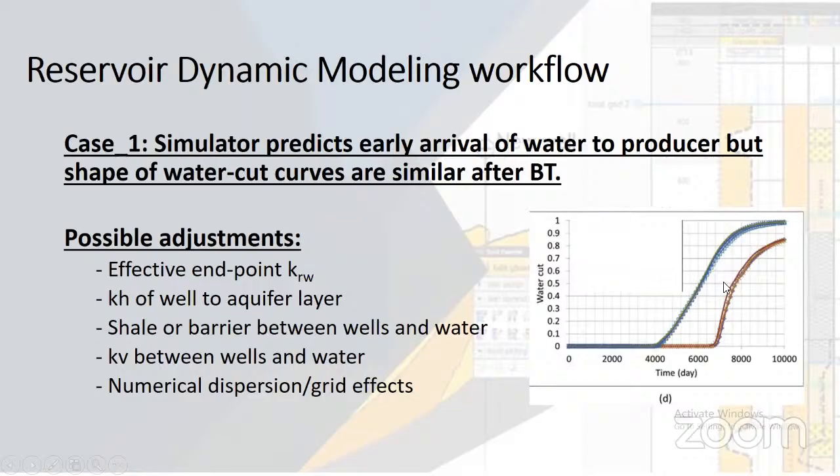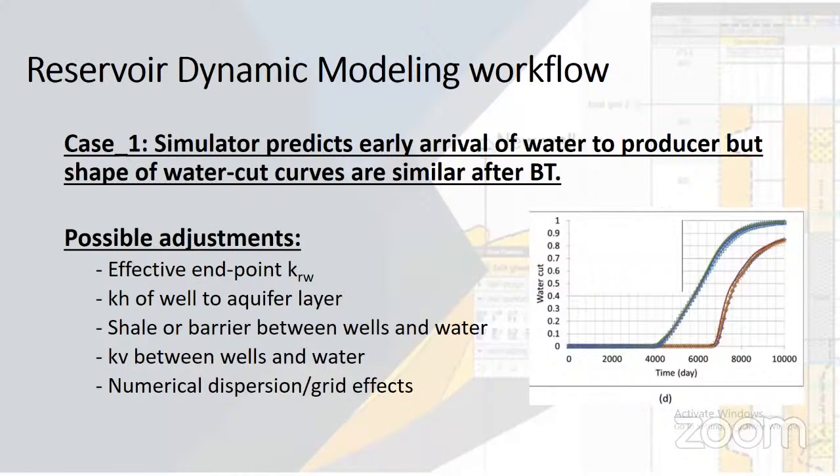from the simulated and from the actual water cut, okay? As you can see, you have nearly the same slope, okay? But the start of water production is different between the two wells. So as we mentioned, the relative permeability is the main controller for the production of several phases, or several fluids.